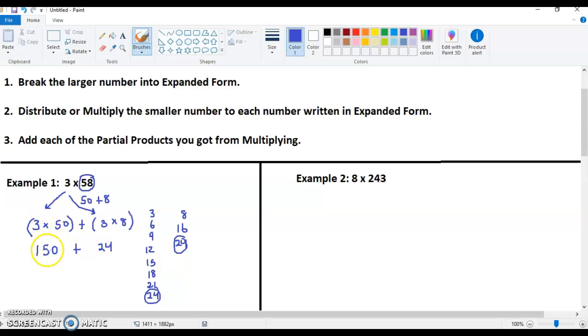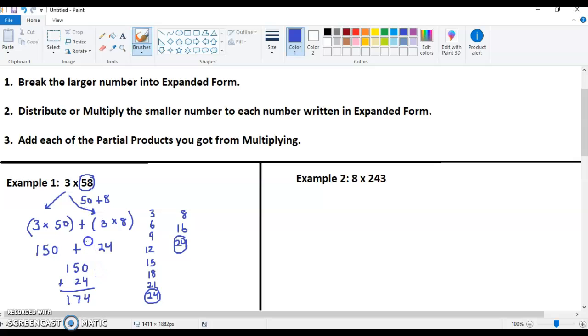Okay, so now we just add 150 plus 24, and you can rewrite it if it's easier to write it this way. These are called partial products, because the first product is 150, the second one is 24, those are partial, and now we'll get our final: 0 plus 4, 5 plus 2, and 1 plus 0. So 58 times 3, or 3 times 58, is going to equal 174.